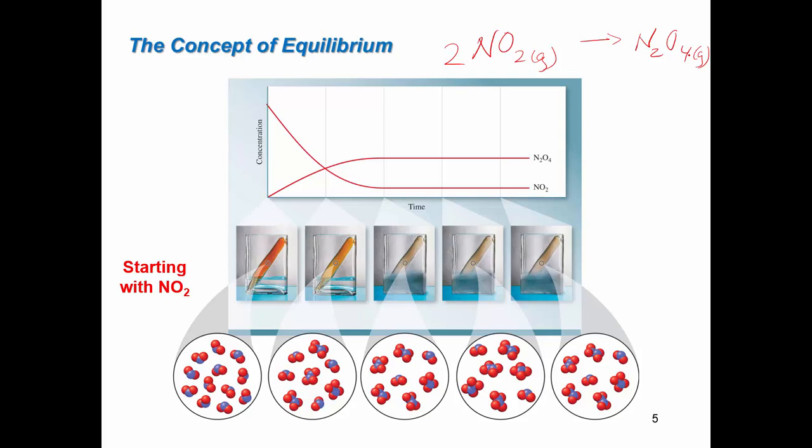So initially, only NO2 is present, so initially we only have brown. Now, only the reverse reaction, only NO2 recombining to form N2O4, is occurring. Therefore, we will form a more colorless solution. And here again, we have formed a steady state, an equilibrium where the concentration does not change.